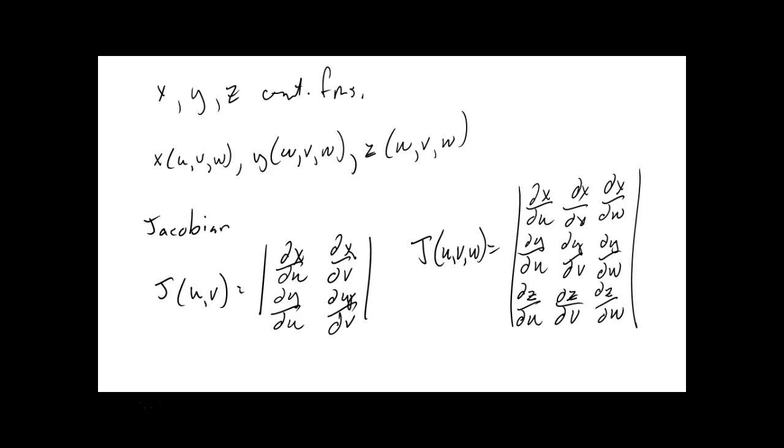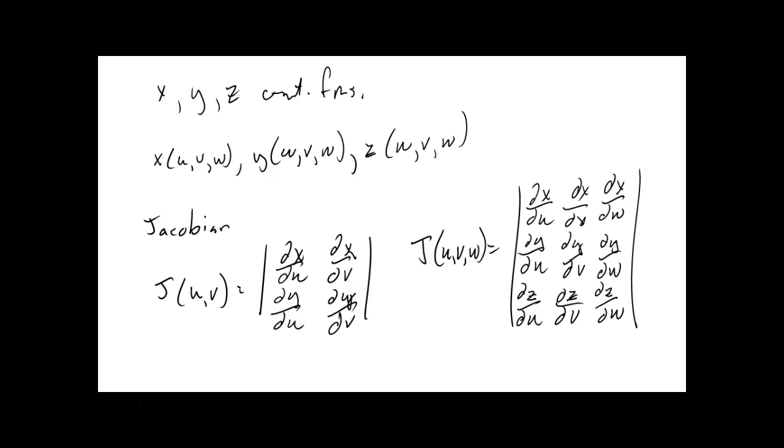It's called the Jacobian. X, y, and z are continuous functions of these 3 independent variables, u, v, and w. So x, y, and z are dependent variables depending on u, v, and w, who are the independent.